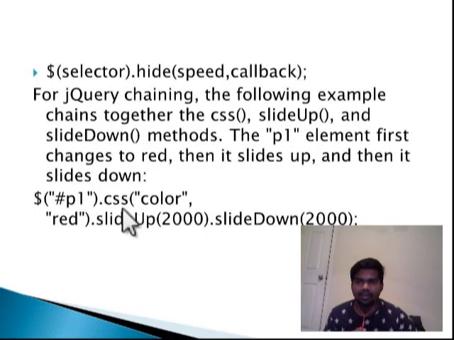Then css: first we are changing the color of the p tag to red, then we are moving this p tag 2000 up, and then moving it 2000 down. So that means we are doing four tasks in a single query, which is a great thing. If you go the normal way, we'd have to write a big program to do this, whereas jQuery has chaining, which eases our work.